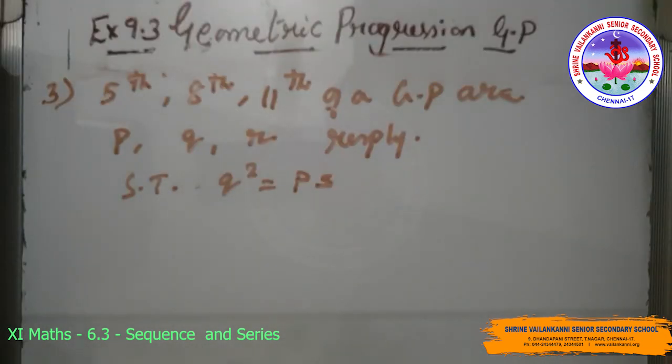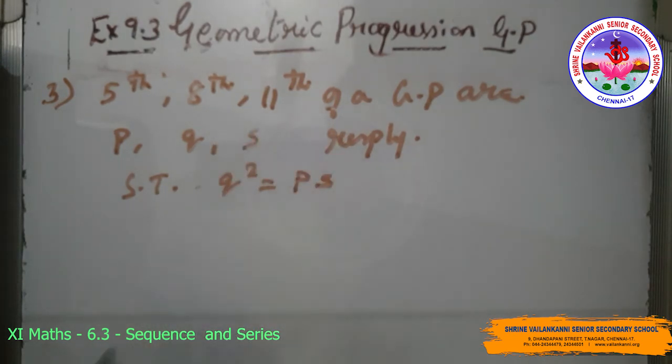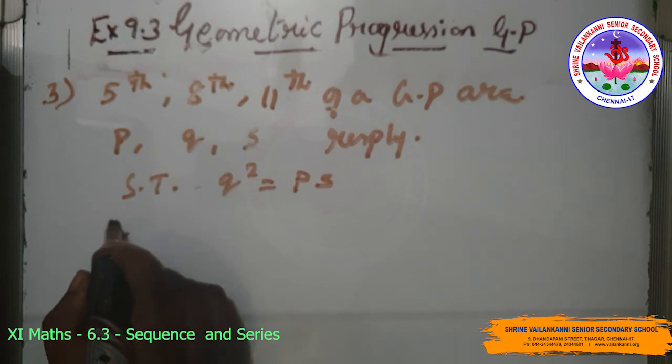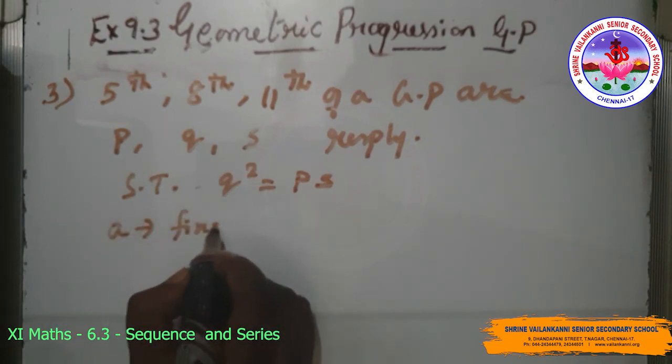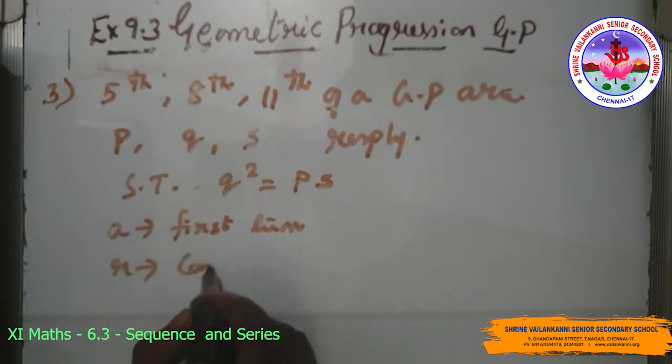Third question, the 5th, 8th and 11th terms of a GP are p, q, s respectively. Show that q square equals p into s. Let's take a to be the first term and r the common ratio.